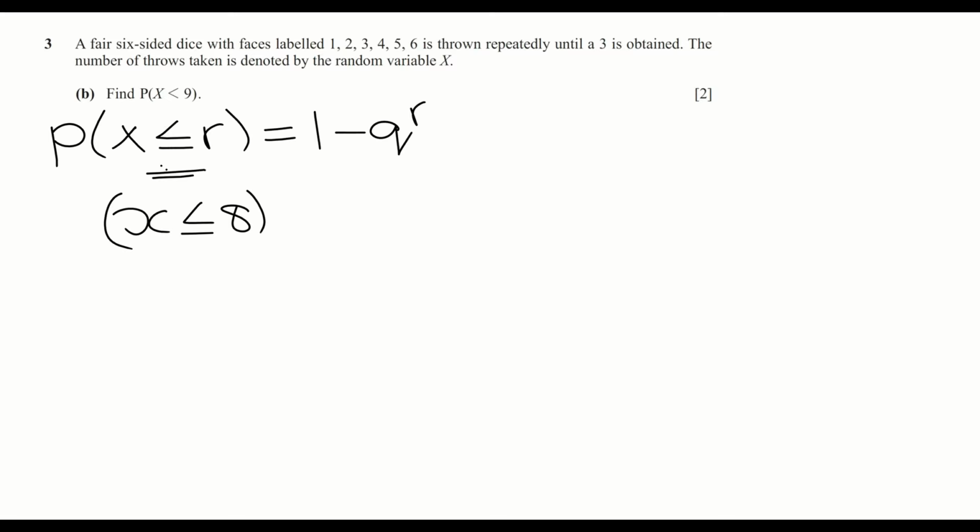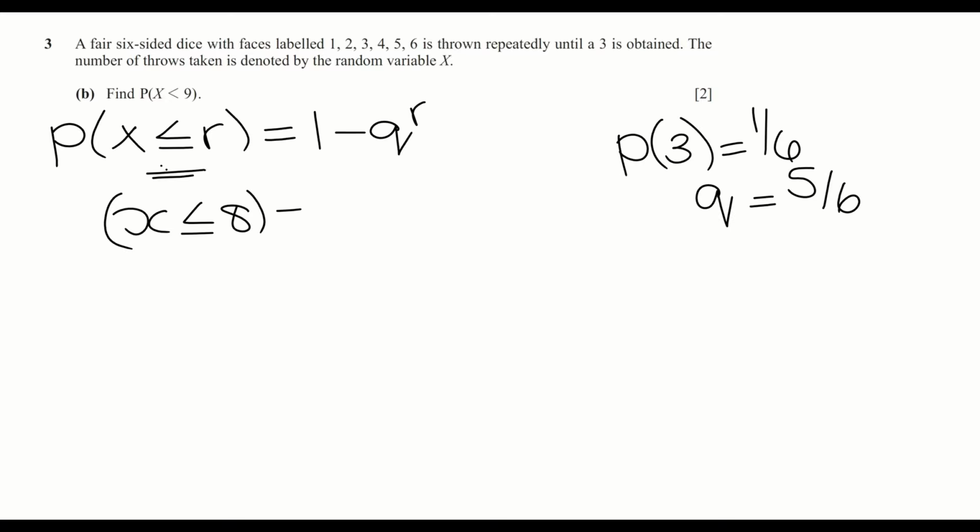From part A, we know the probability of rolling a 3 is 1 over 6, which means the probability of not rolling a 3, our Q value, has to be 5 over 6. So now I can say the probability that x is smaller than or equal to 8 is equal to 1 minus 5 over 6 with an exponent of 8.